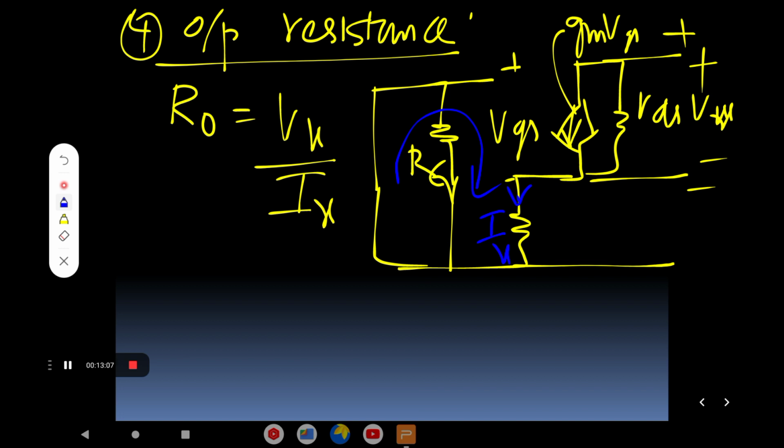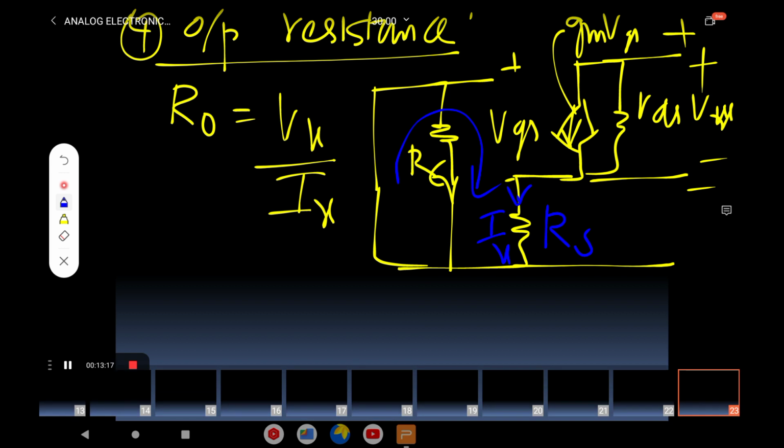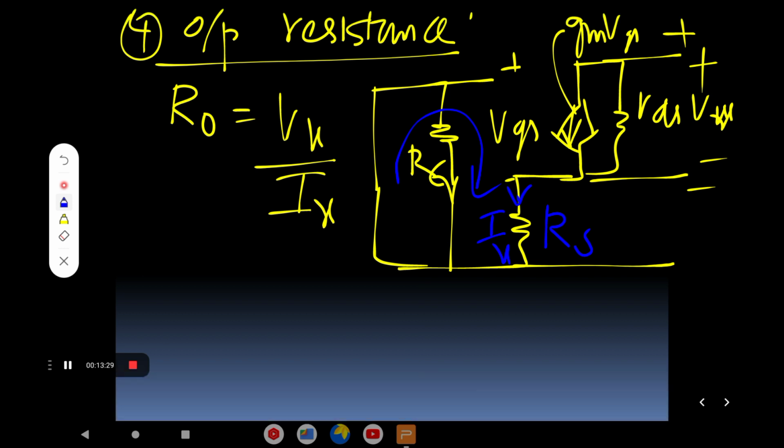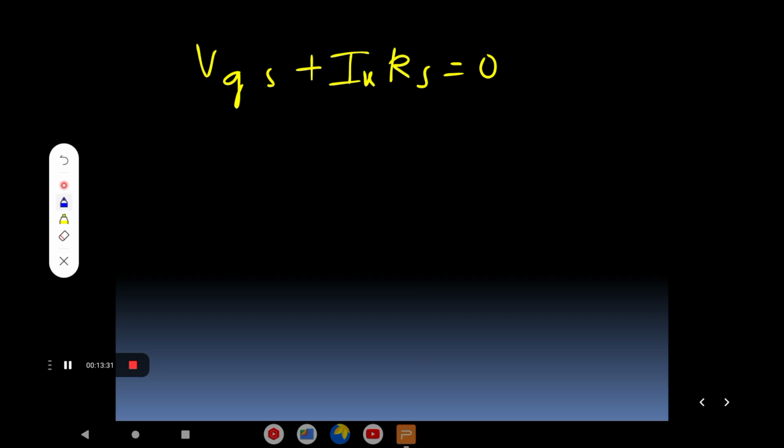Here no current is passing through RG, it is a short circuit, so only the corresponding two currents are present from the analysis point of view. Therefore VGS plus Ix into Rs is equal to 0. From this, what is the value of VGS? VGS is equal to minus Ix into Rs. Consider this equation number 1.